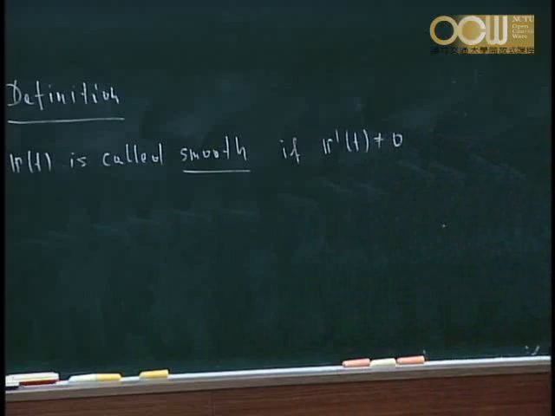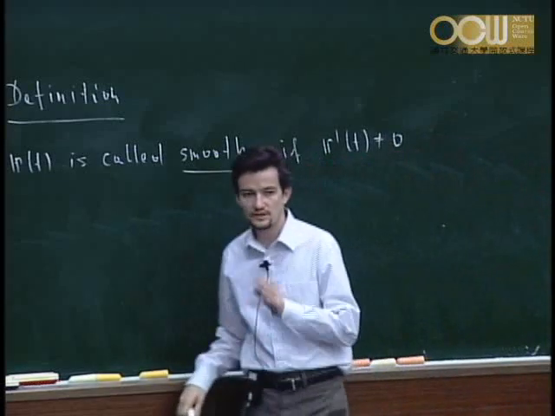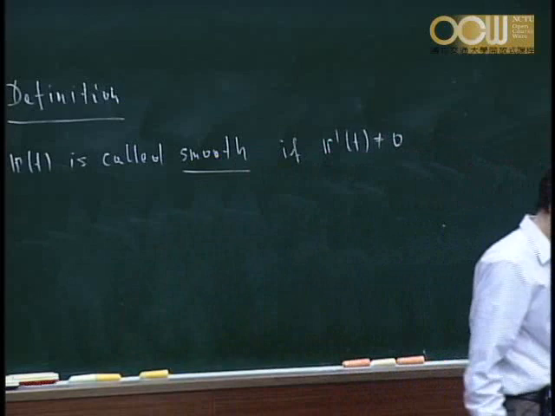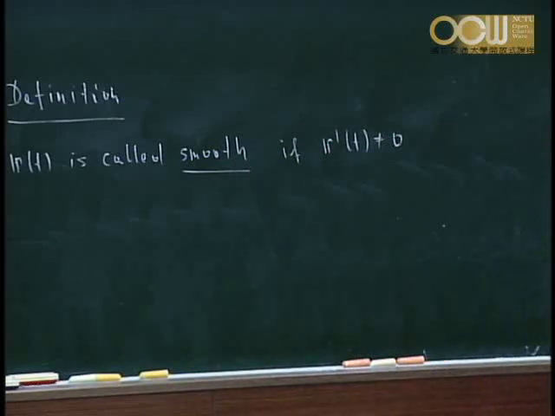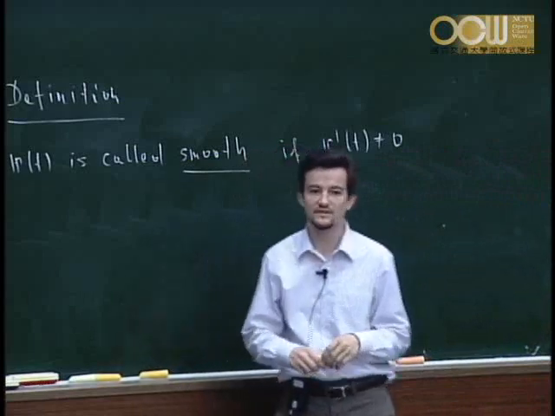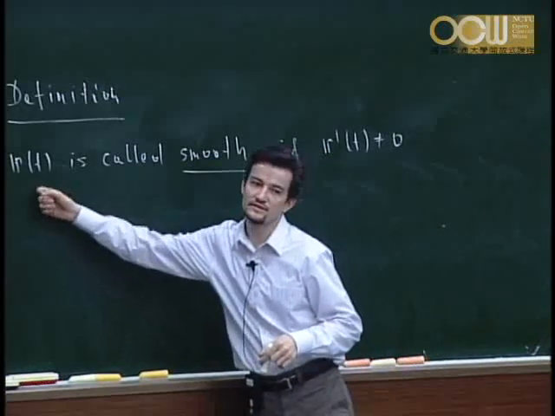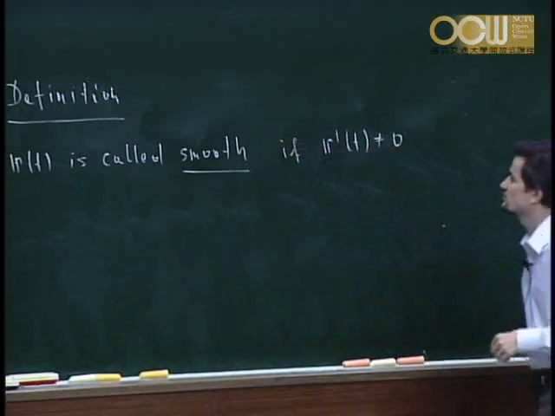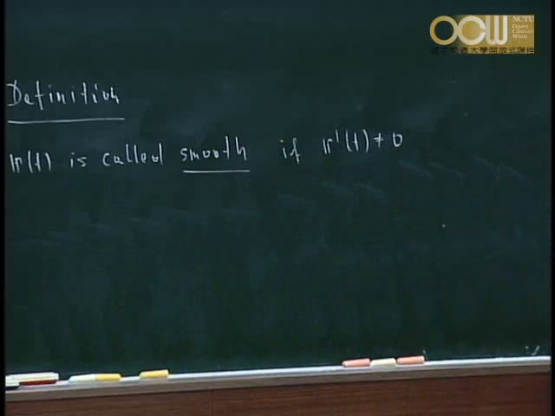The reason for this notation is, like last semester, we called the curve smooth if the derivative exists and is continuous. Here it is a little bit different. The vector function is called smooth if the derivative exists and is not equal to 0, because in this case smooth space curves have a unit tangent vector in every point.